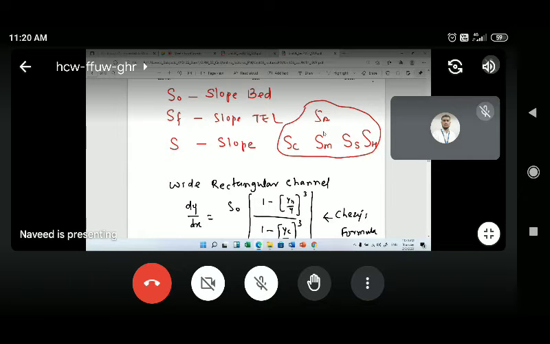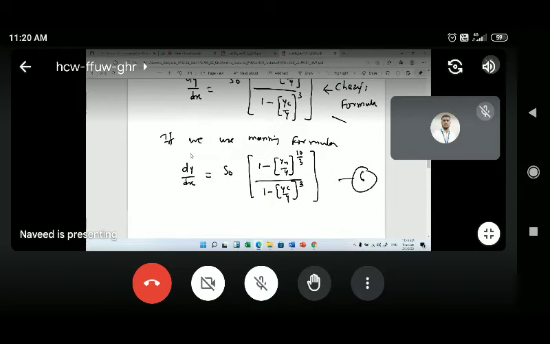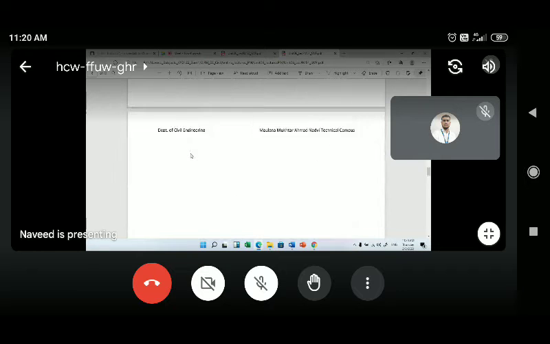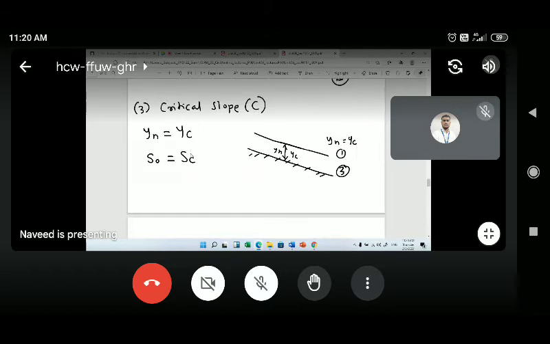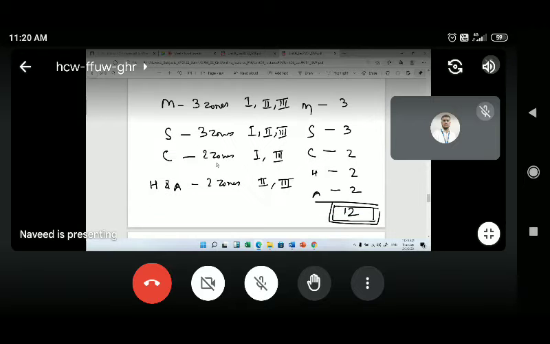Then SA you can denote for adverse slope, SC for critical, SM for mild, SS for the steep slope, and SH for the horizontal slope. And then some formulas we have written for the wide rectangular channel, and these conditions we already discussed yesterday for the different types of channel.